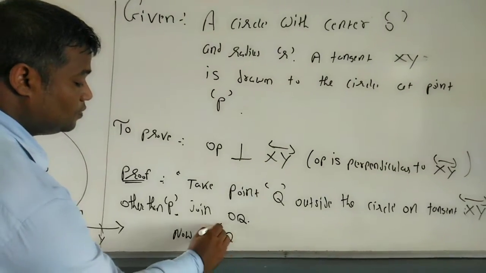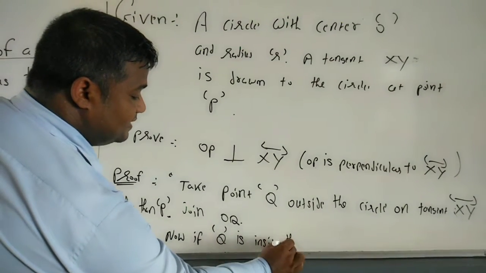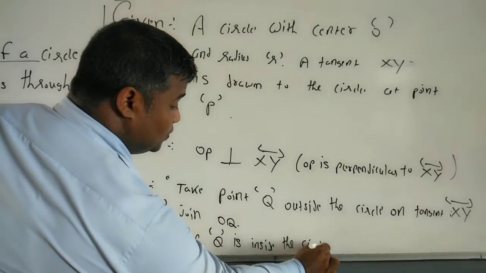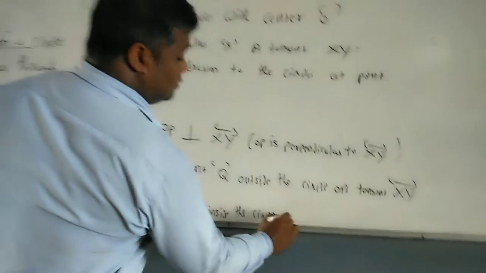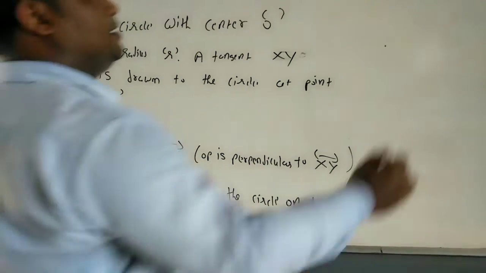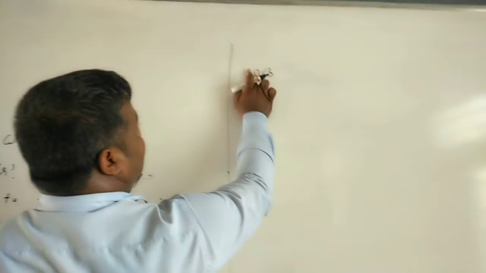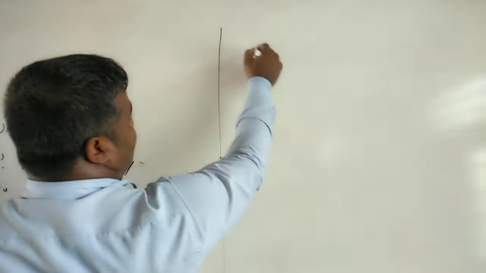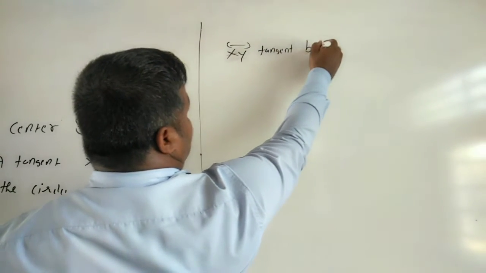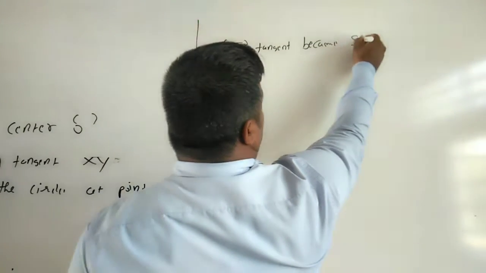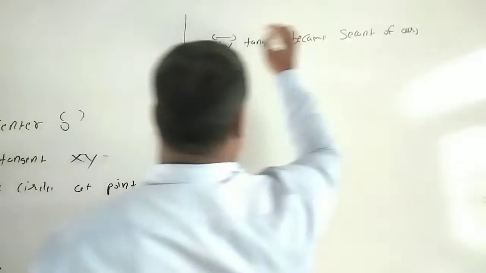Now, if Q is inside the circle, then XY, the tangent, becomes a secant, which is not possible.